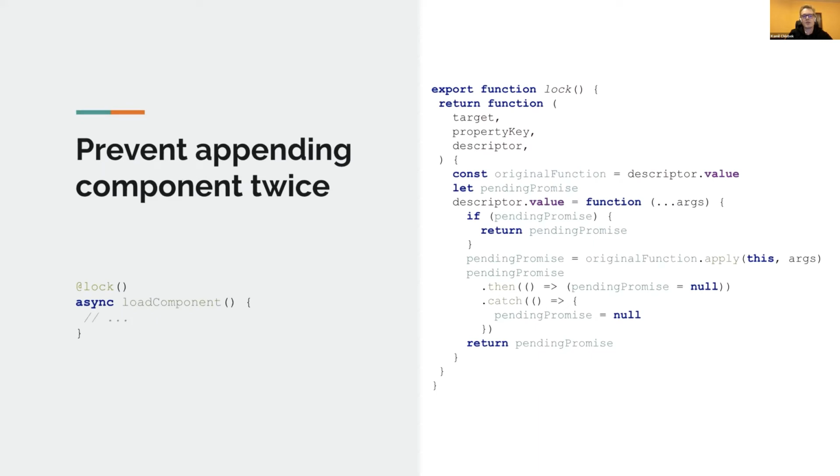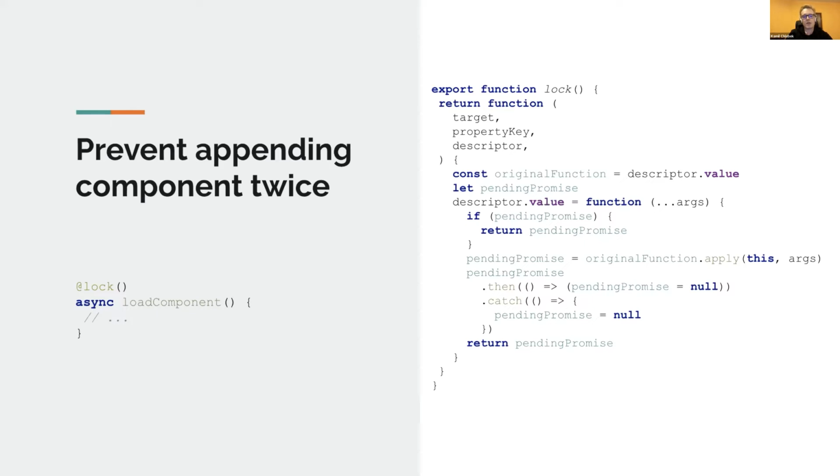But then in such an asynchronous environment, you want to make sure that your code won't be executed twice. It may happen that due to multiple clicks on the button and network delays, our function creating a component may be executed twice or even more. And to prevent that from happening, here's an example of how you can deal with this issue.